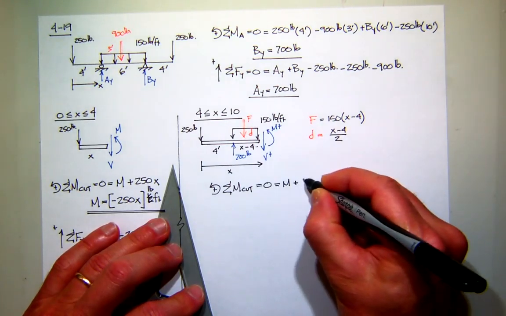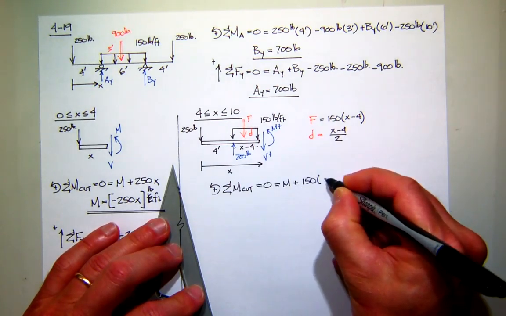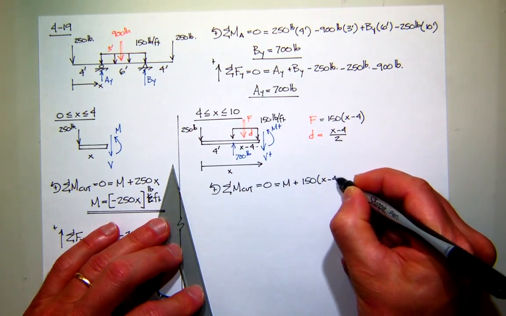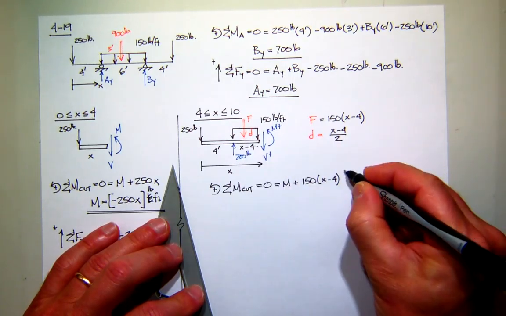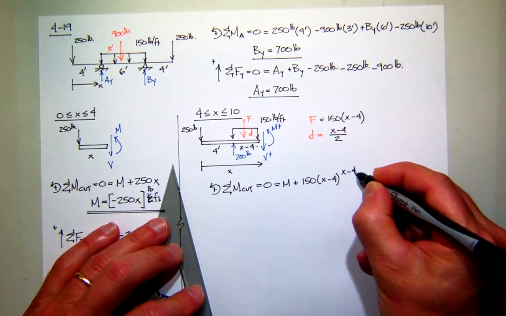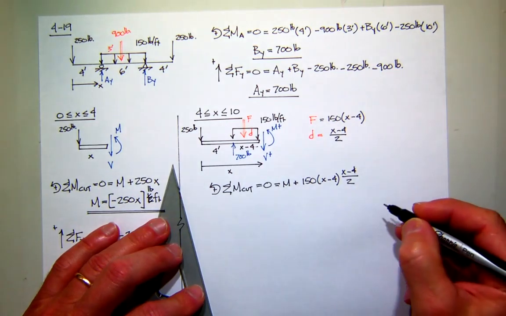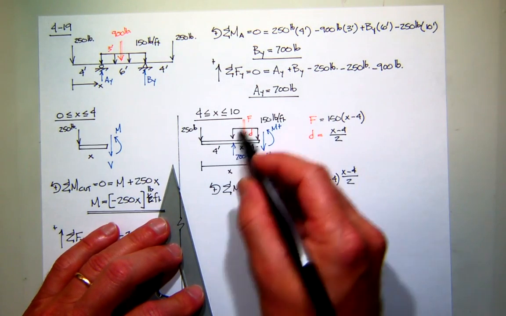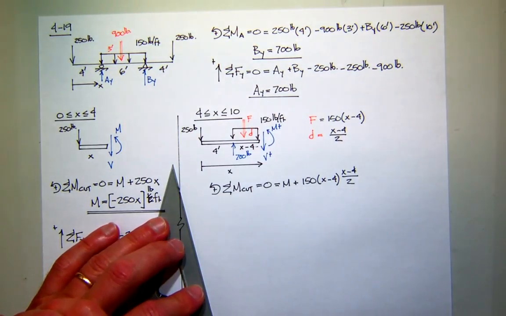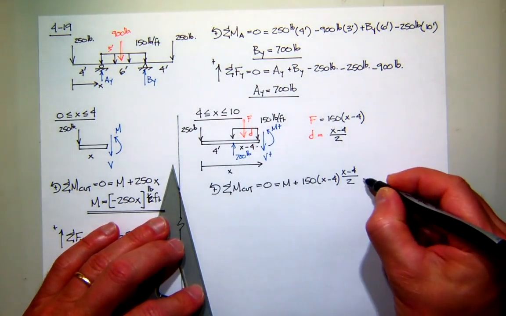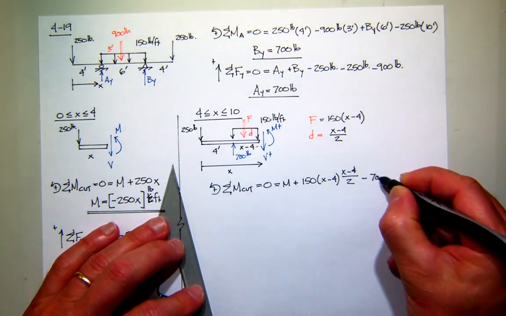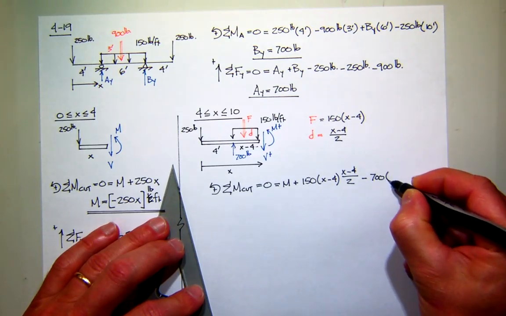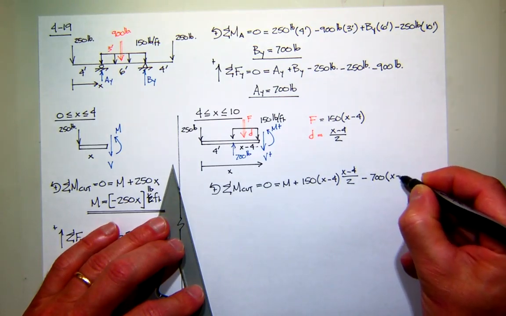So that's 150 (x minus 4) times the distance, which is (x minus 4) over 2. Then I have 700 pounds. Is that creating positive or negative moment? Negative. So I have 700 pounds times its moment arm of x minus 4.